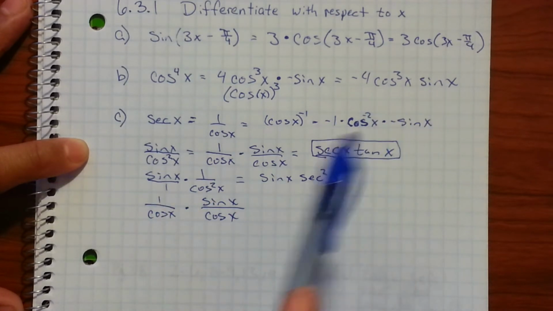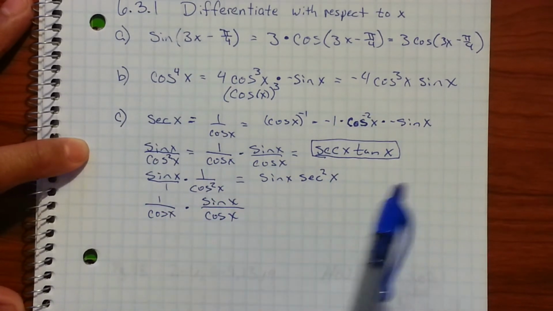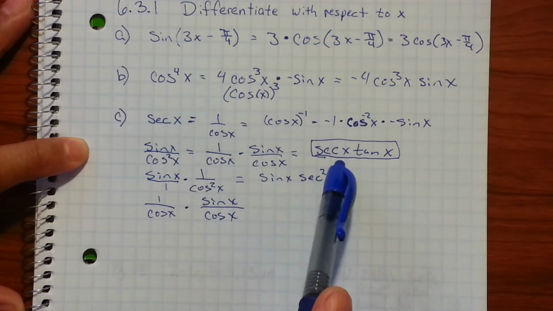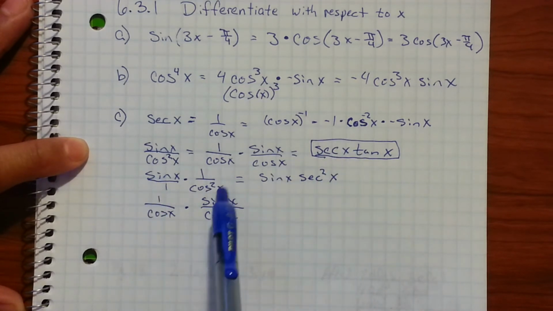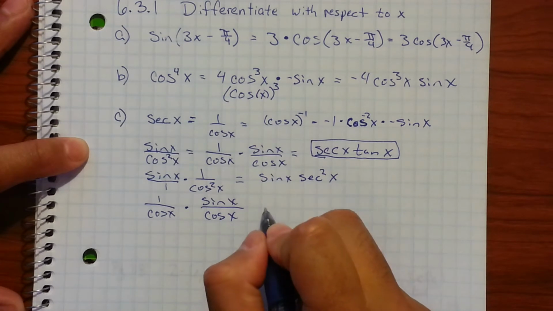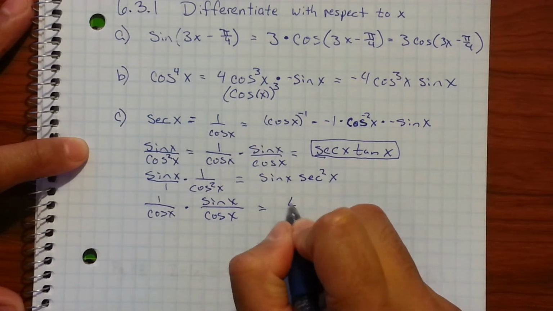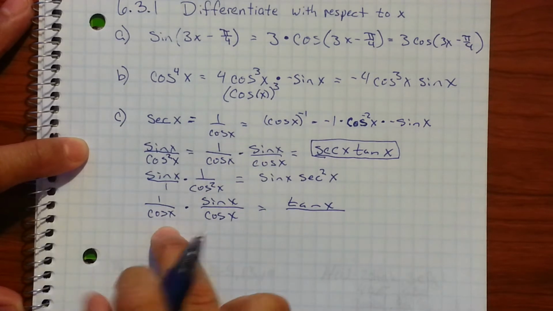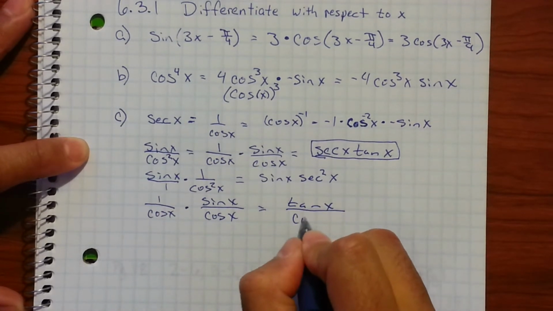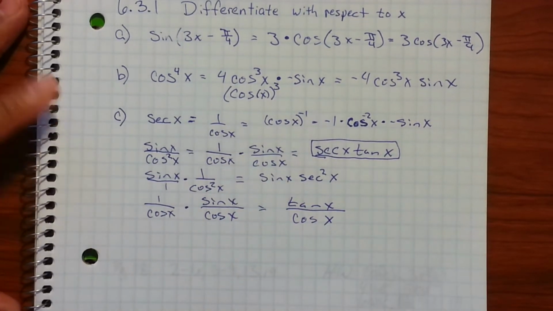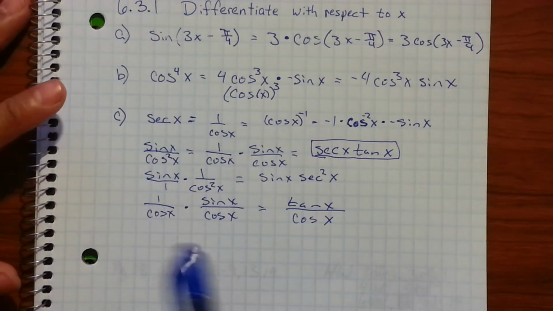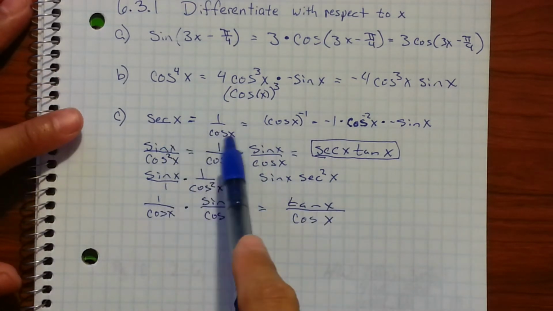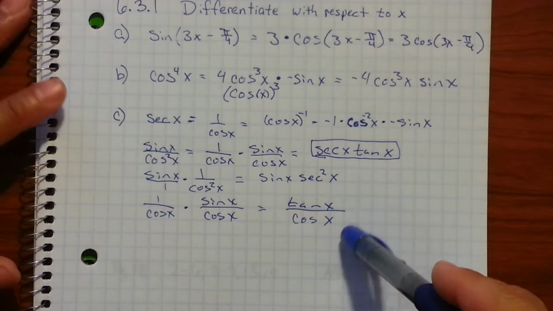So 1 over cosine, I'm going to leave it in the denominator for this case right here because I've already taken it up and got that one right there. But sine over cosine is going to be a tangent. So I'm going to have tangent x over, since I'm leaving cosine in the denominator, cosine x right there. So now, out of this one derivative here, I have 3 separate answers.